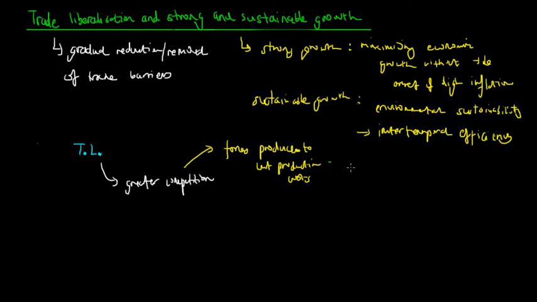So what this means is that inefficient firms don't survive. This may seem very harsh, but for the greater good of the economy and for the greater good of our comparative advantage in our resource allocation, this is essential, that we don't have inefficient firms producing goods and services in the economy, because therefore we are not allocating resources efficiently.